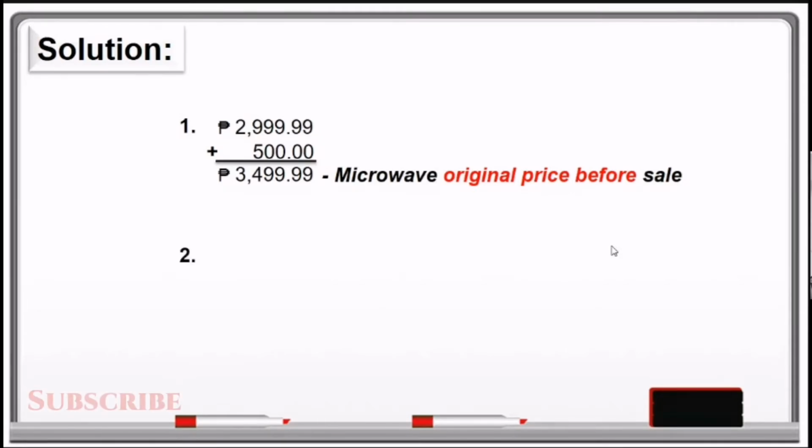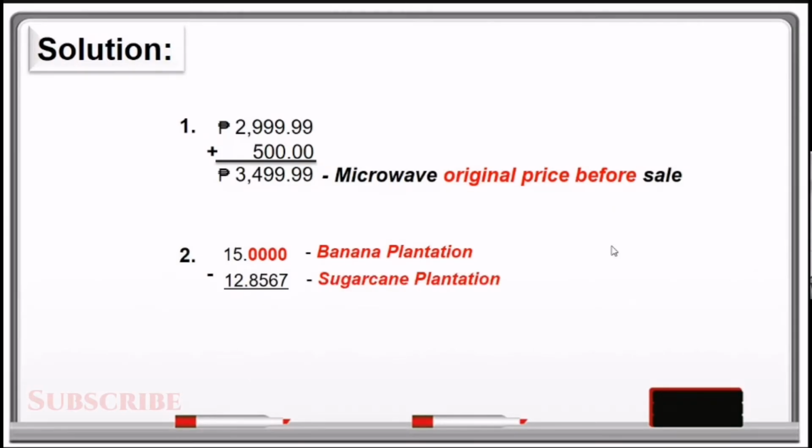Number 2, we have 15 point. So, pansin nyo, ang 15 is a whole number and then we added 4 zeros para matapatan natin ang apat na digit na decimal numbers nung sugarcane plantation. Okay? So, we subtract.